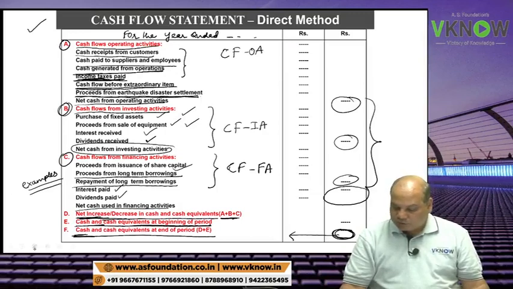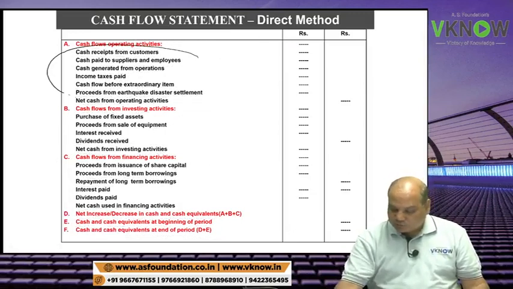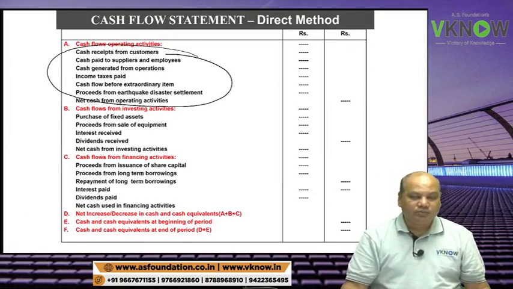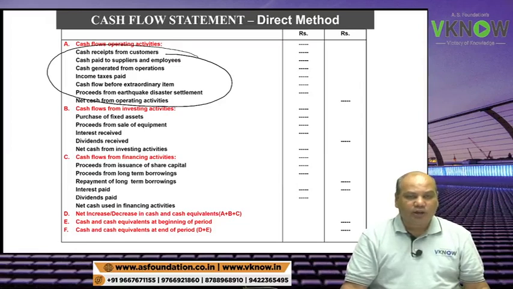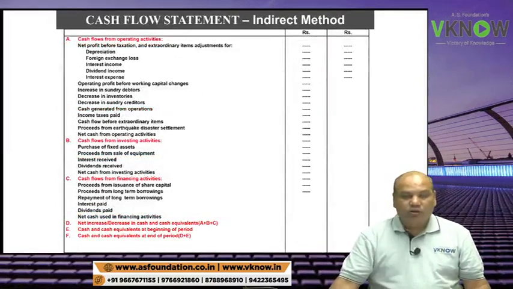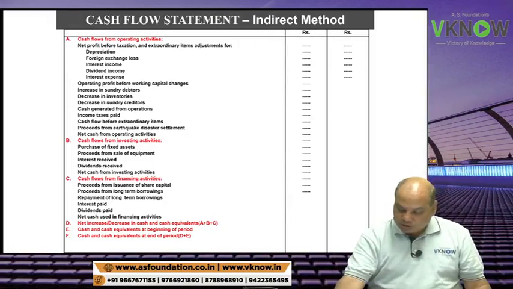This format is called direct method because the cash flow from operating activities is directly calculated from debtor, creditor, expense accounts. No adjustment is done. Then you have the cash flow statement in indirect method. Only this part is different.